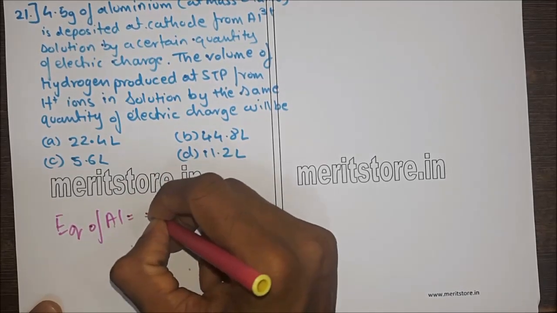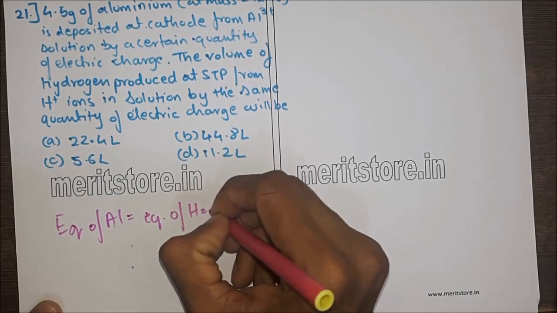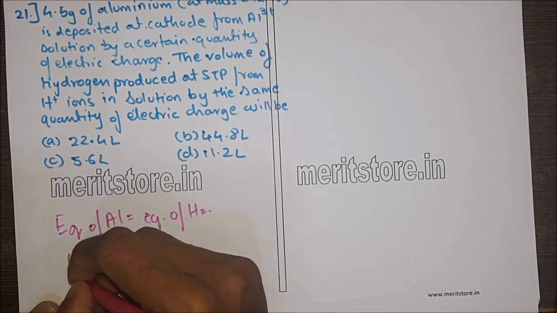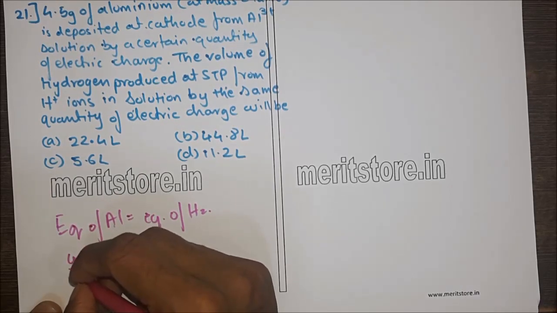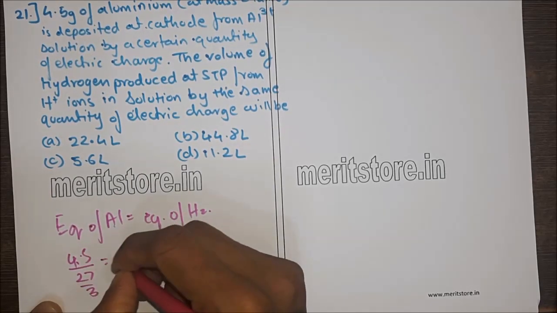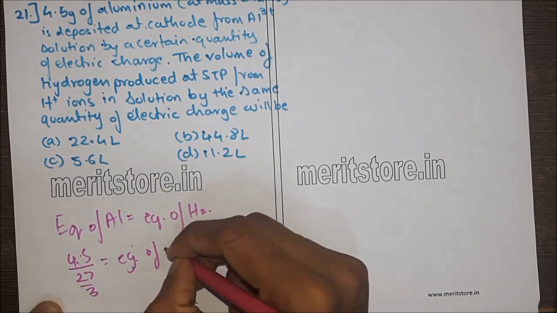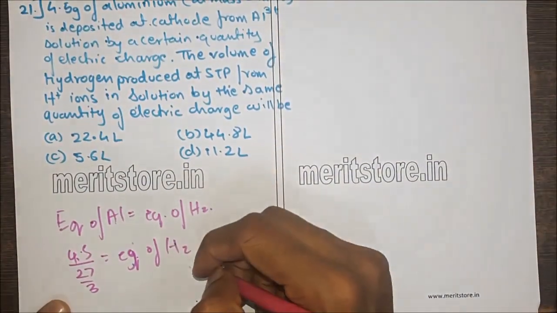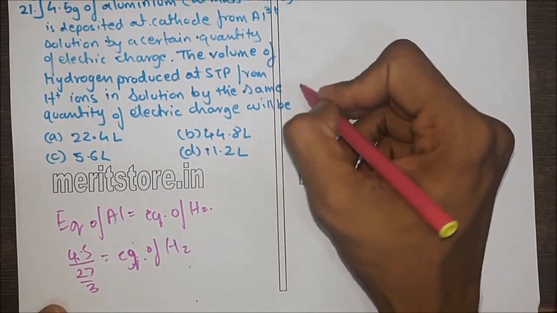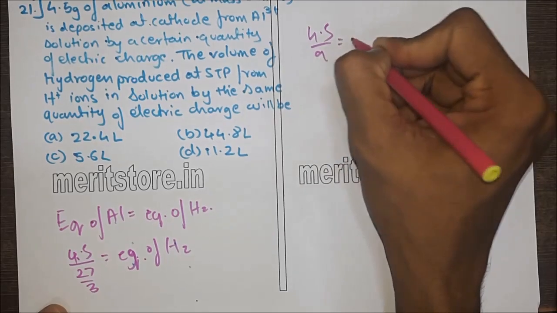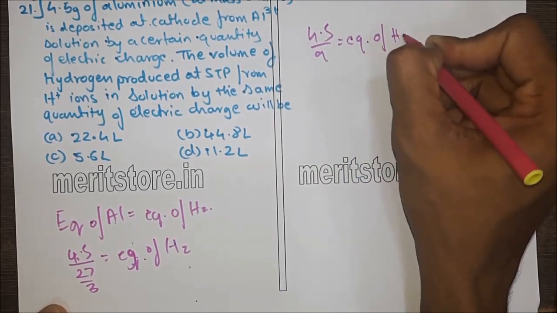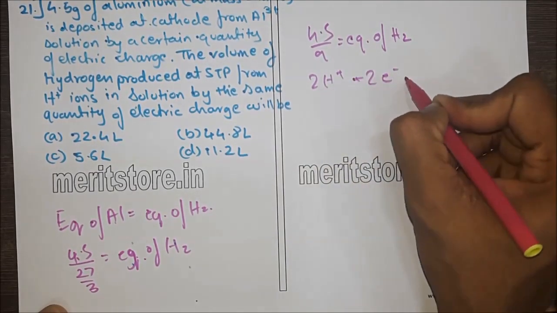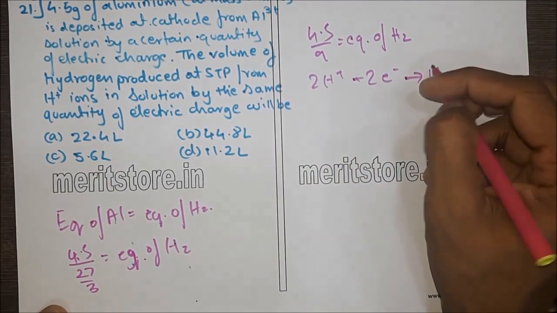Equivalents of aluminum is equal to equivalents of hydrogen. 4.5 gram upon (27 by 3) is equal to equivalents of hydrogen, that is 4.5 upon 9 is equal to 0.5 equivalents of H2. Therefore 2H plus plus 2 electron gives us H2.